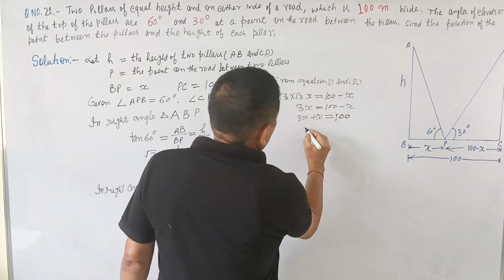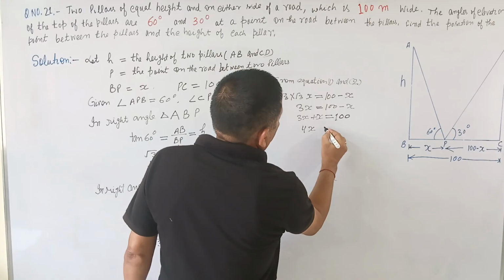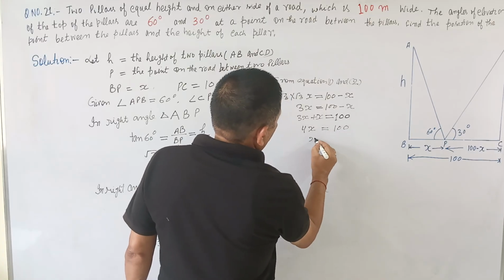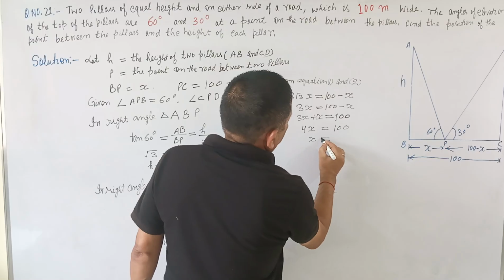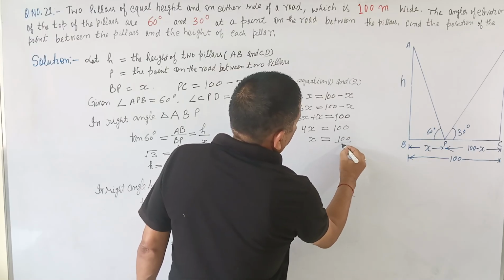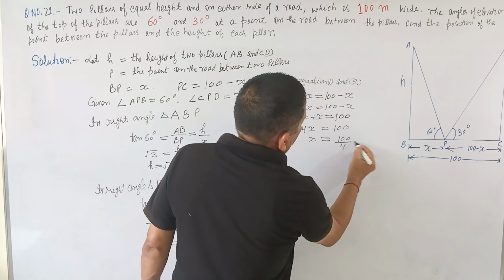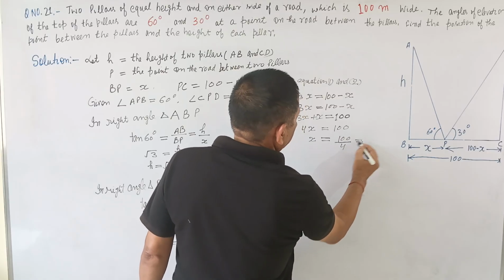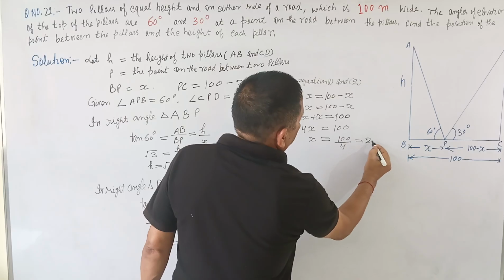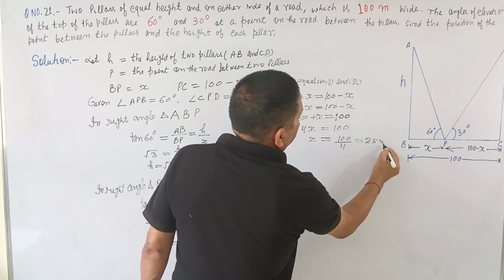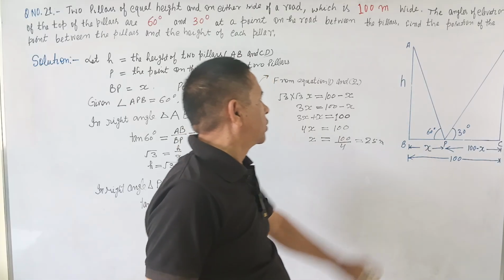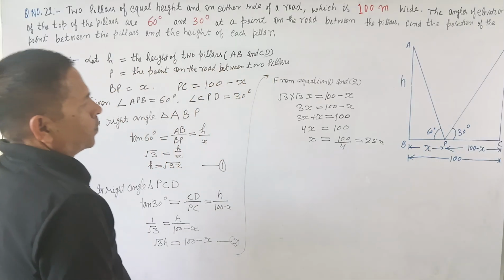So this becomes 4X equals 100. Therefore X equals 100 upon 4, which is 25 meter. So the value of X comes out to be 25 meter.